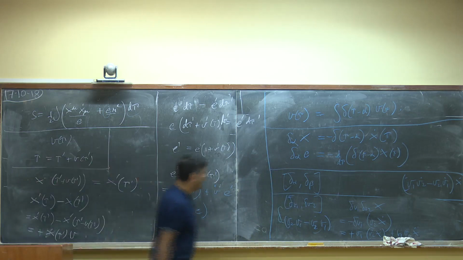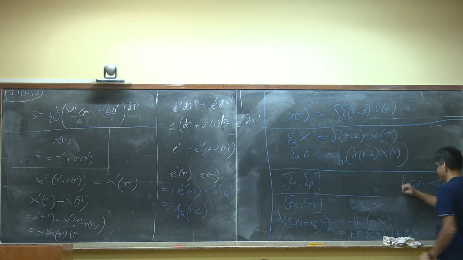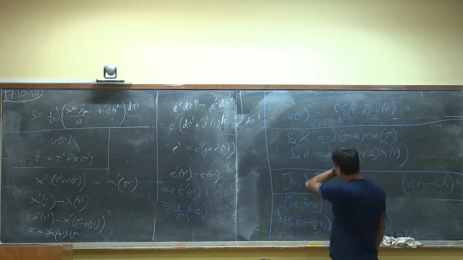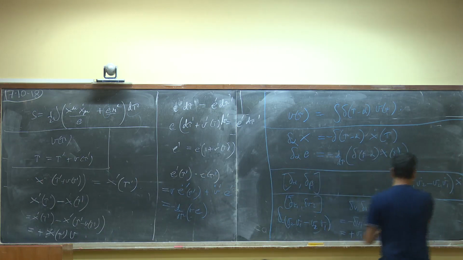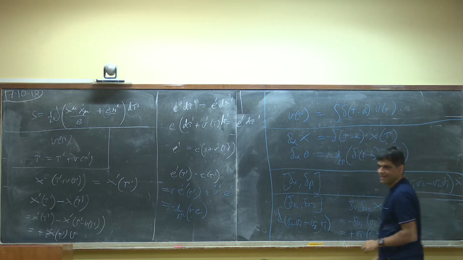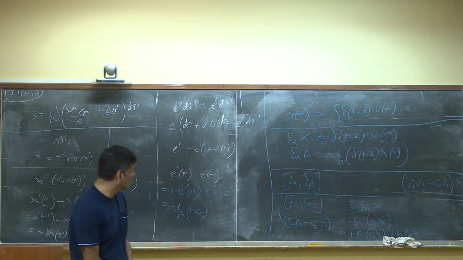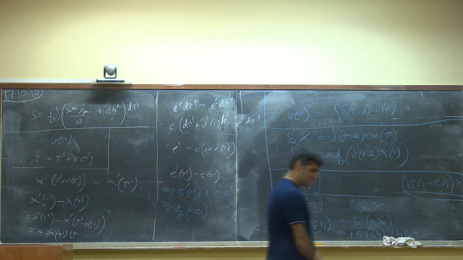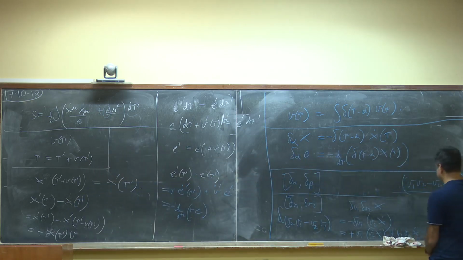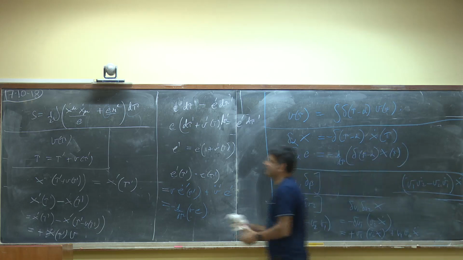Now we can apply this particular thing to the alphas. Let's choose V1 to be delta of tau minus alpha, and V2 to be delta of tau minus beta.